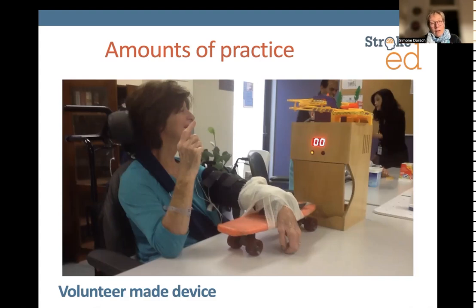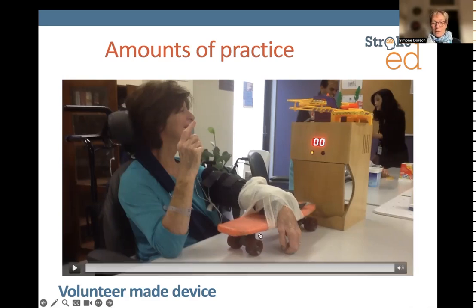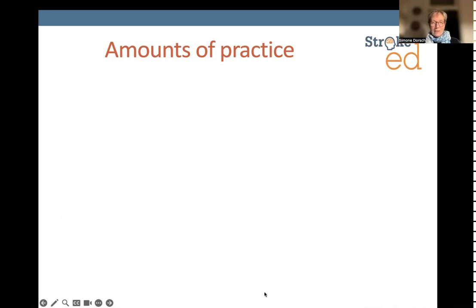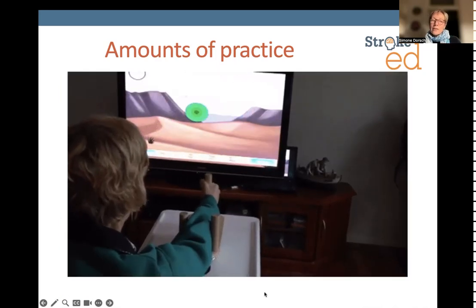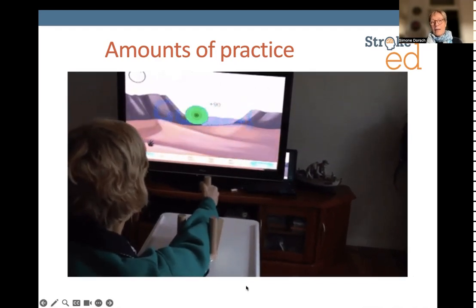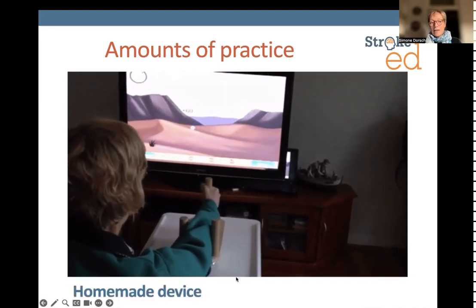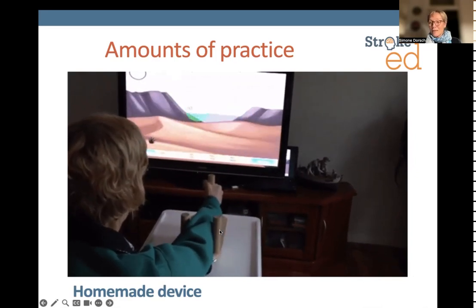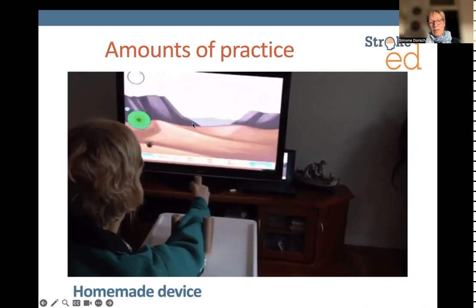You can imagine those kind of people with those kind of skills would be really engaged in thinking about inventive ways that they could help make devices that provide some feedback and maybe some excitement around people's practice. Now, this device was made by this lady's husband. And you can see here what it does is that you increase the amounts of practice again because it's more engaging.